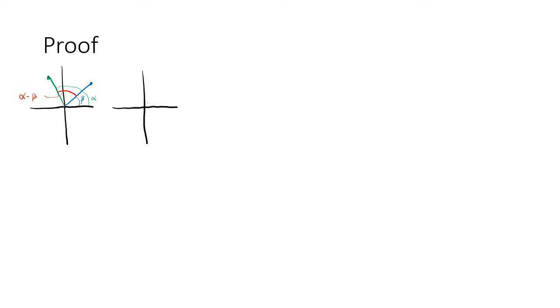This point right here, because I'm on the unit circle, has coordinates cosine alpha, sine alpha. This point over here has coordinates cosine beta, sine beta. And there exists a line that connects these two points, and it has a length of D, whatever letter you want there.